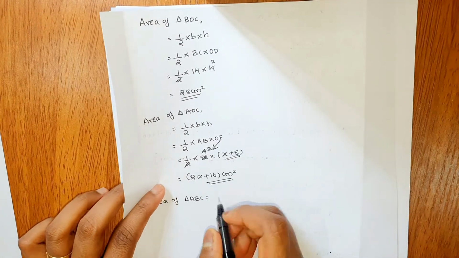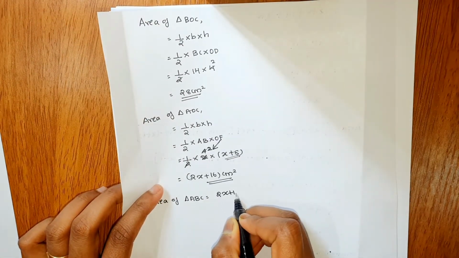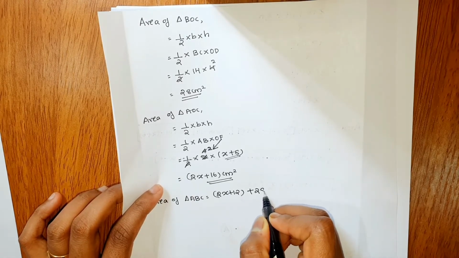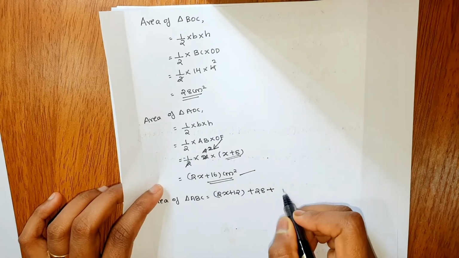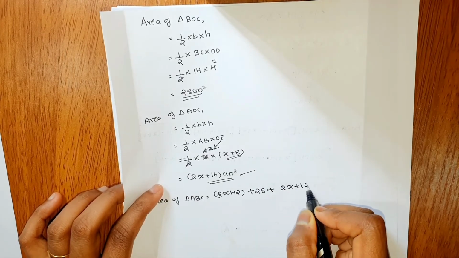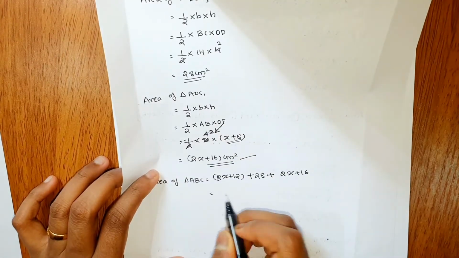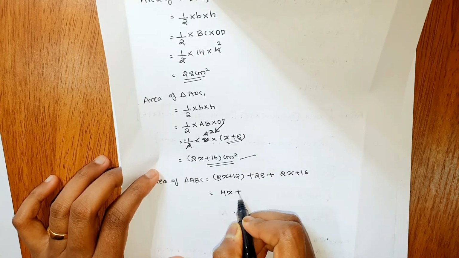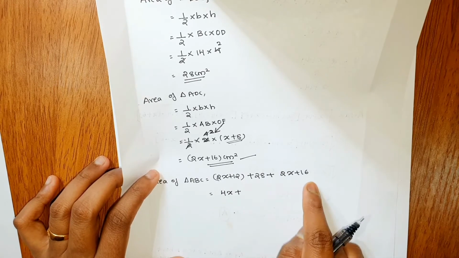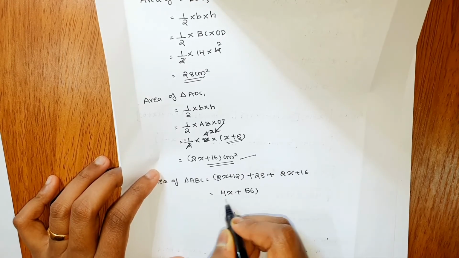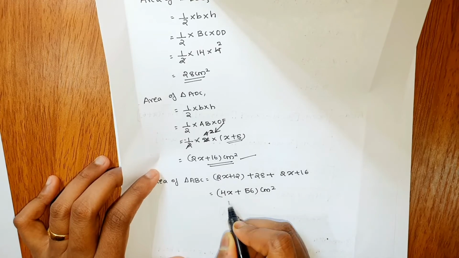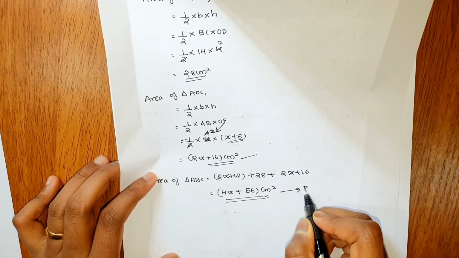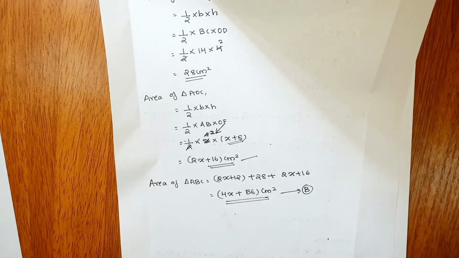So I am adding 2x plus 12 plus 28 plus this one, 2x plus 16. Okay, 2x plus 2x, 4x plus 12 plus 28 plus 16, 56 centimeter square. So this is the total area, and I am giving it as equation B.